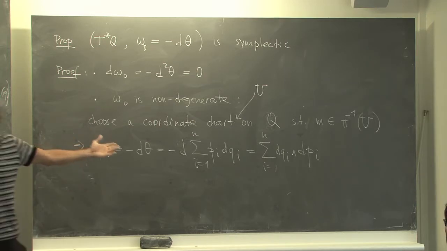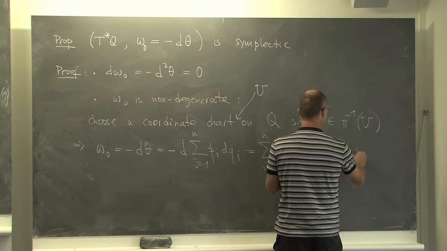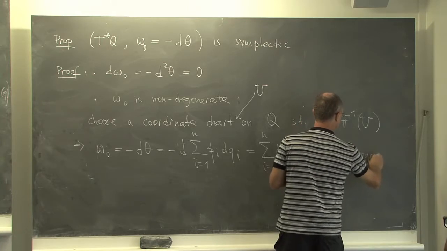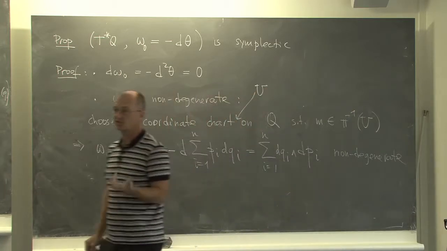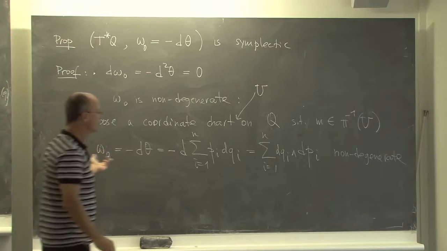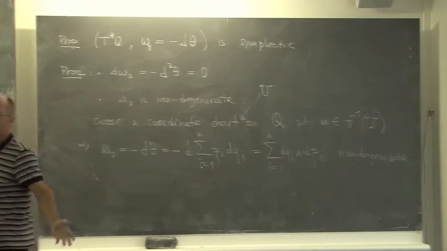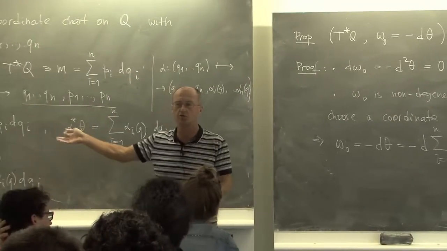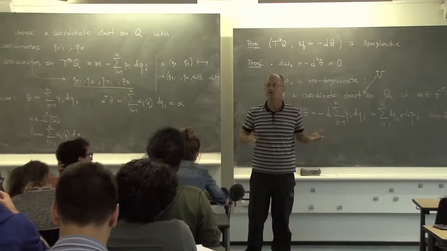And this is non-degenerate, right? About this, we don't have any doubts. And non-degeneracy is a local statement. You need to check it at every point. Now, you can check it at every point because around any point you can choose such a coordinate chart, and there you know what your theta is. Now you don't have any equation with gluing or anything.